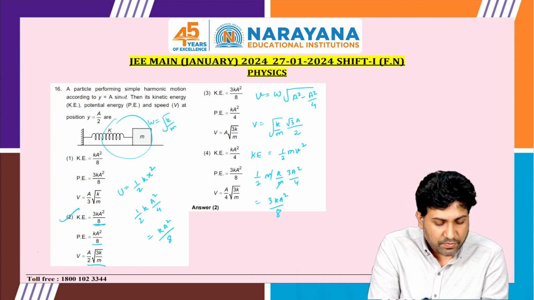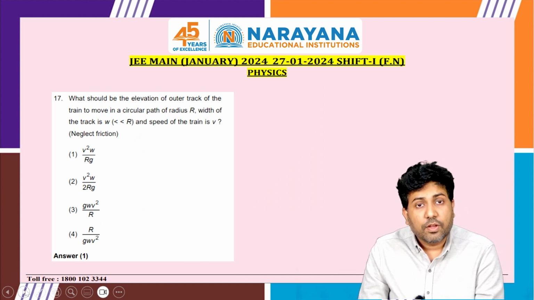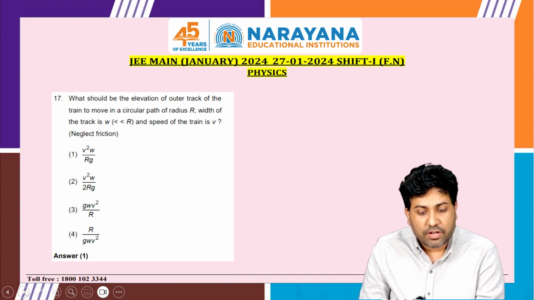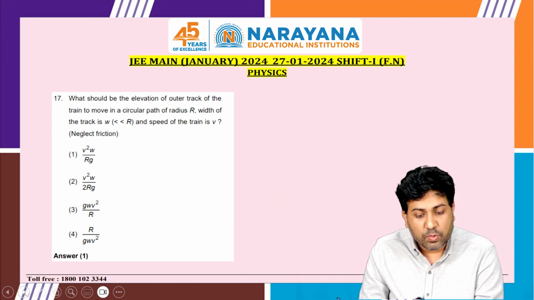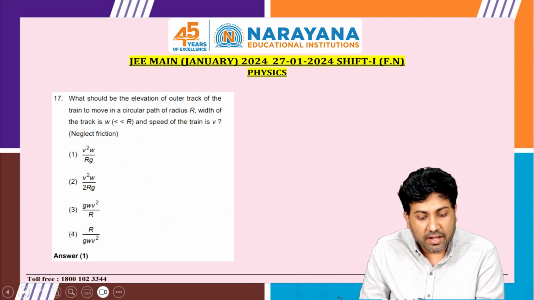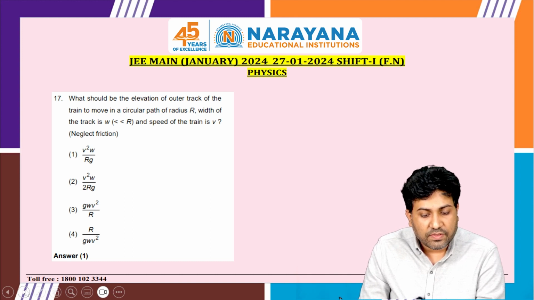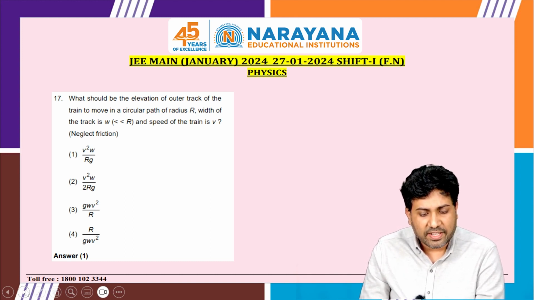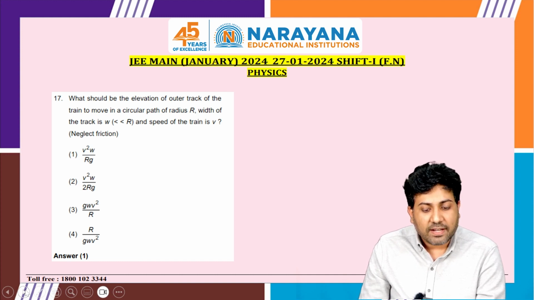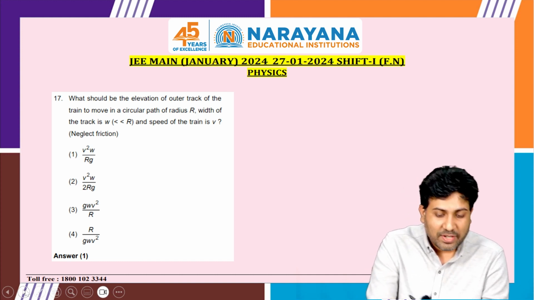Okay, let's move to the next question. What should be the elevation of the outer track of the train to move in a circular path of radius r? It is given the width of the track is w, and the width is very small compared to the radius of curvature, and the speed of the train is v, and we need to neglect friction.